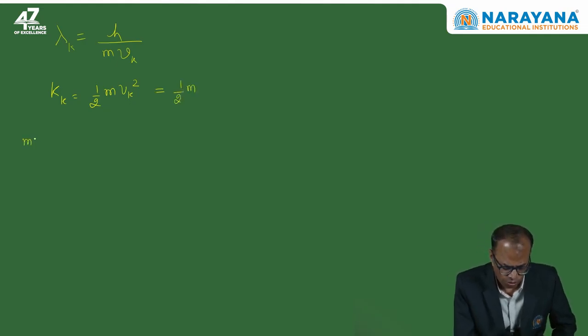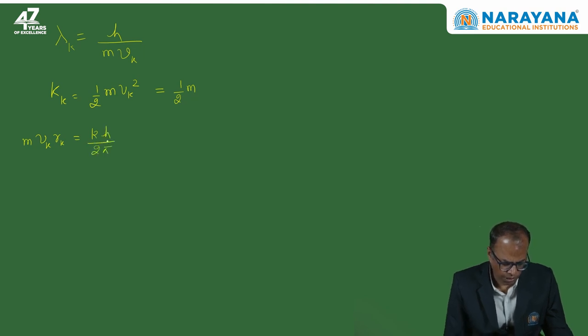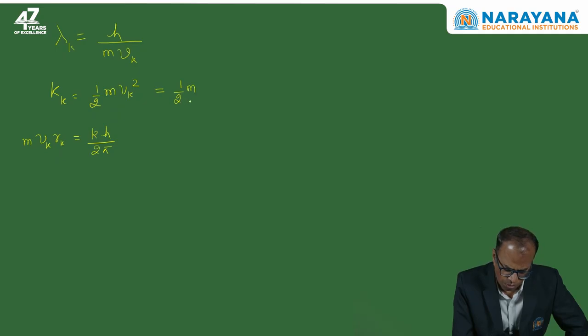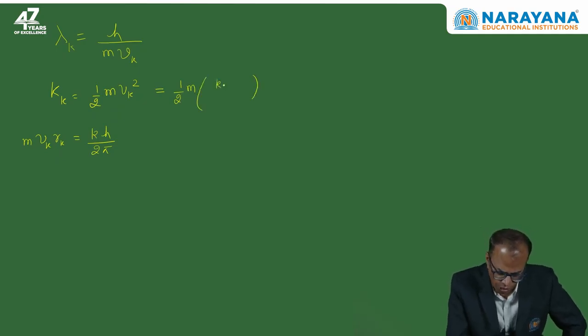Now we also know that m vk times rk is equal to k times h by 2 pi, and I can use this. Okay, so kinetic energy, I'll replace Vk with k h by 2 pi m times Rk.